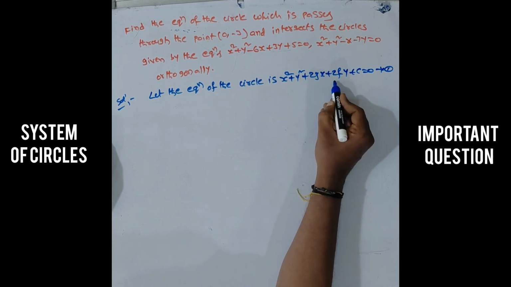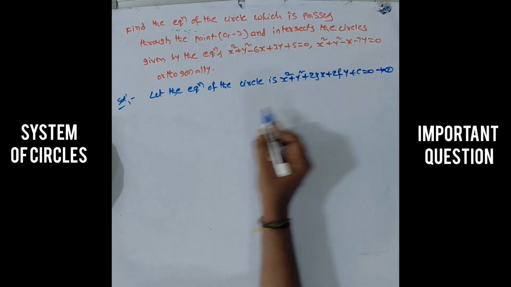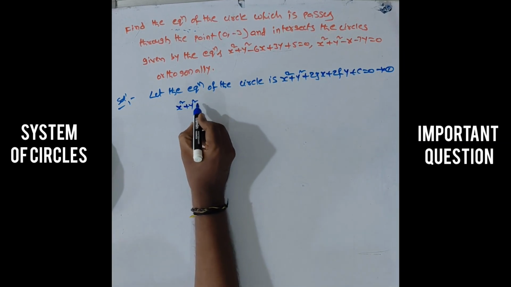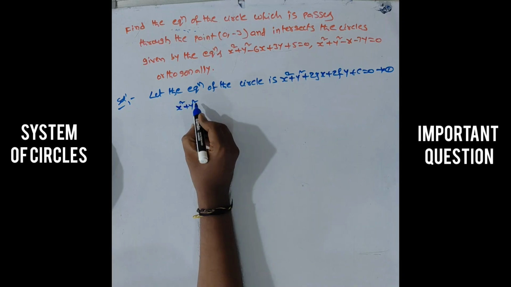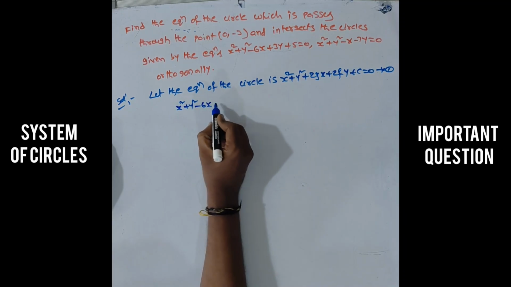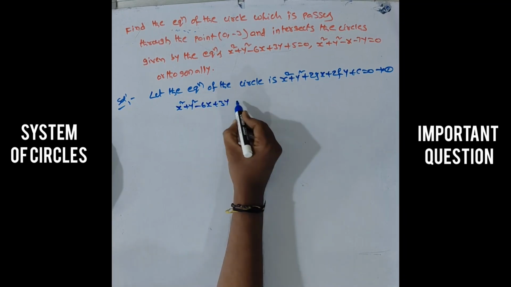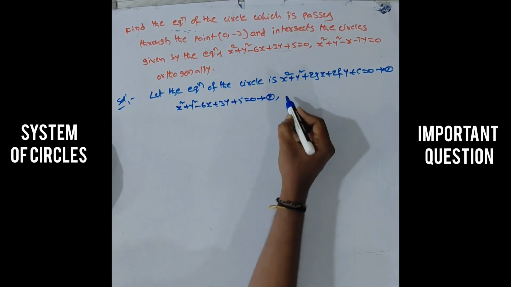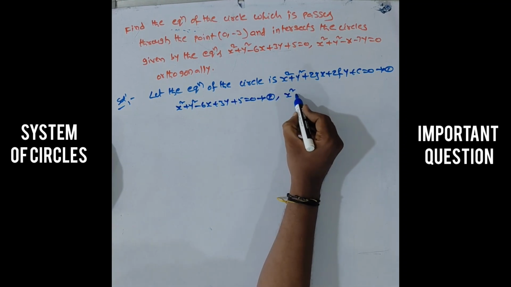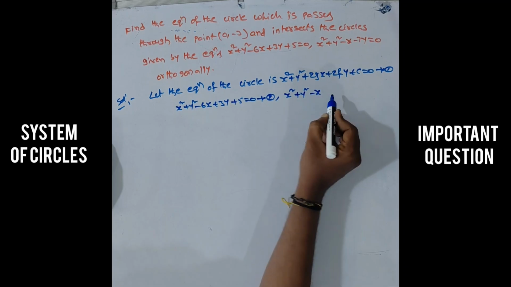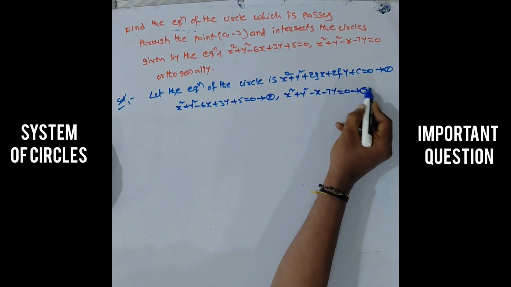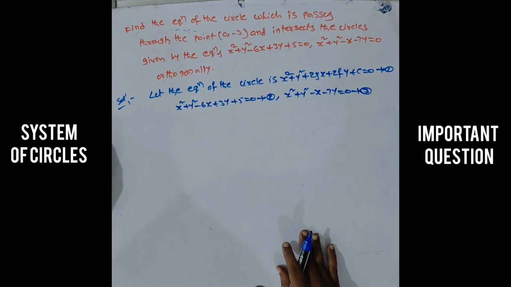If you want the g, f, c values, the given equations are x² + y² - 6x + 3y + 5 = 0, this is equation number 2, and x² + y² - x - 7y = 0, this is equation number 3. So, 1, 2, 3 equations.